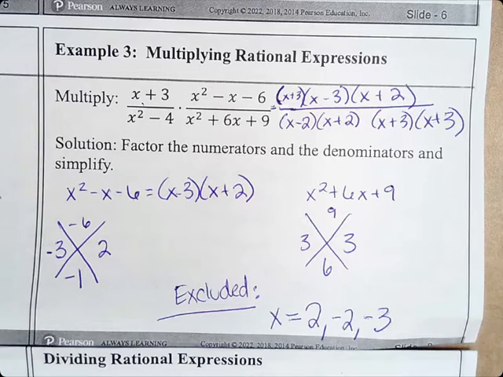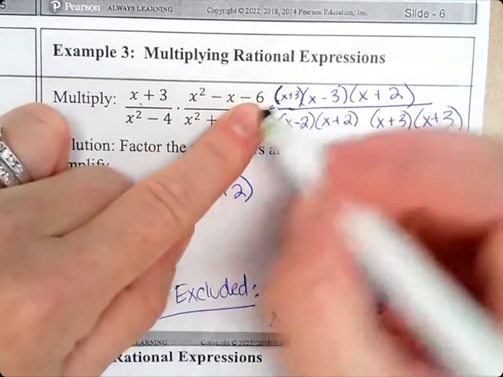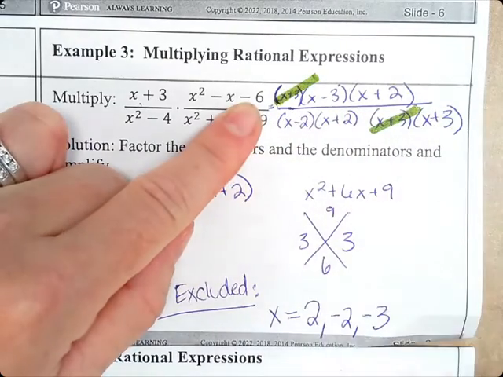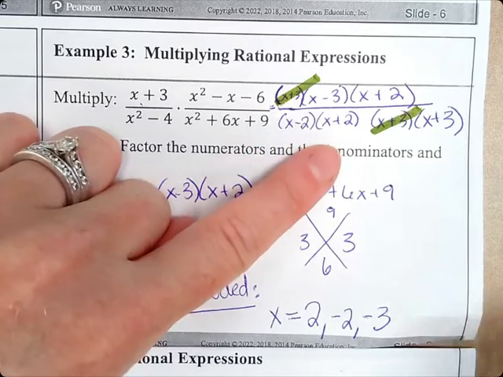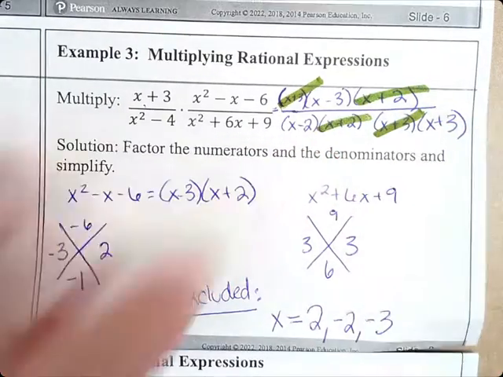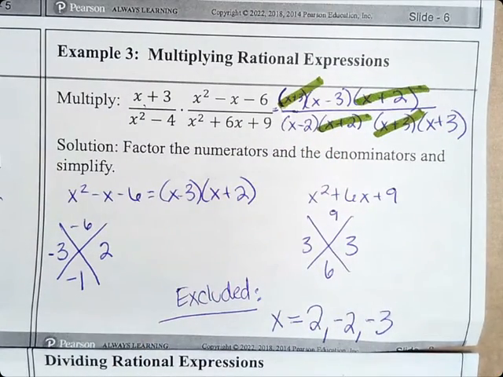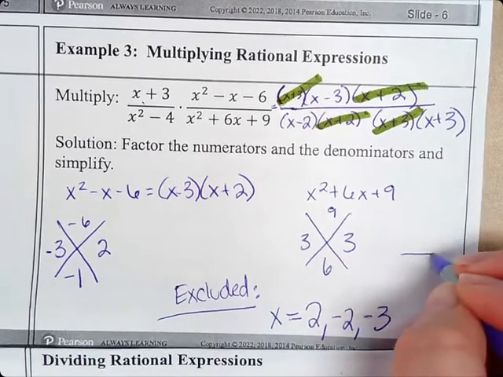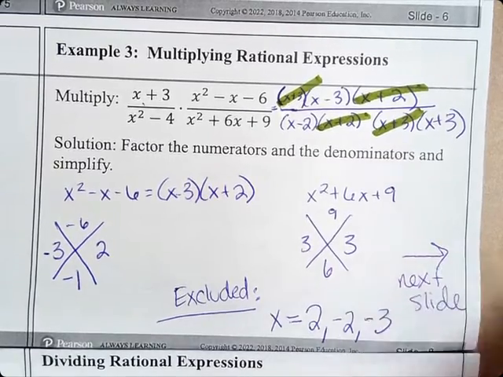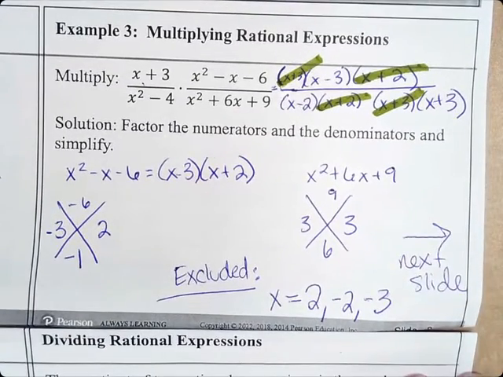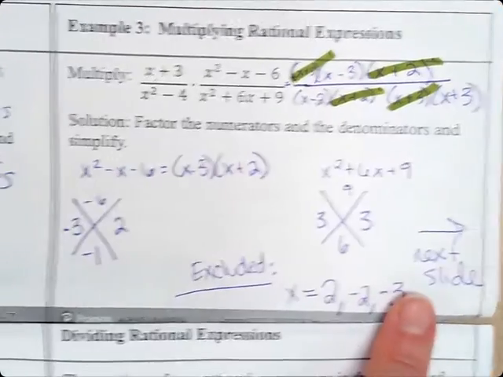Now we can look for our common factors. So let's see. Is x plus 3 on top? Sure is. And then x minus 3, there's none. x plus 2, there is. Okay, now go to the next slide, which is right here.